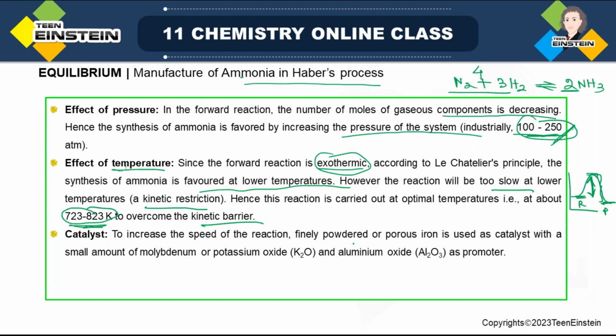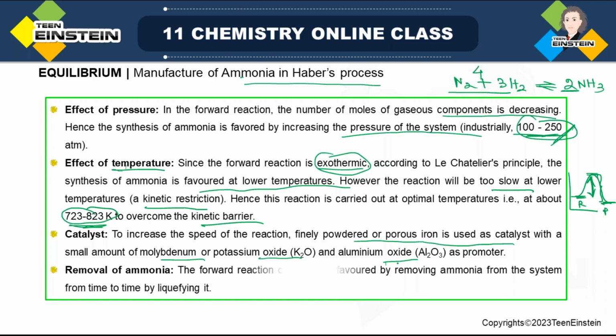Finely powdered or porous iron is used as catalyst with a small amount of molybdenum or potassium oxide K2O and aluminium oxide as promoter. But remember at least the catalyst name, which is iron. So catalyst will be required to speed up the reaction, though it has no direct effect on equilibrium, but the speed of the reaction is also important.